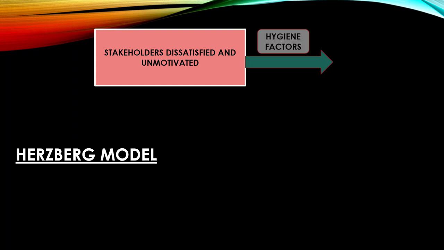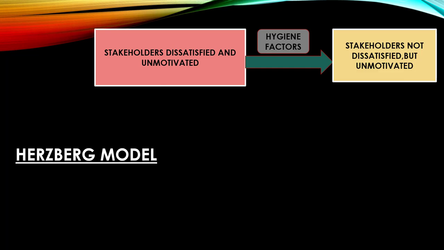The manager can enhance the hygiene factor, can provide better hygiene factor to the employees. Now the hygiene factors are those factors which are expected to be present by default at the workplace. What will this do? Now, with the help of hygiene factors, the stakeholders will move from the dissatisfied zone to not dissatisfied zone, but they will still be unmotivated.